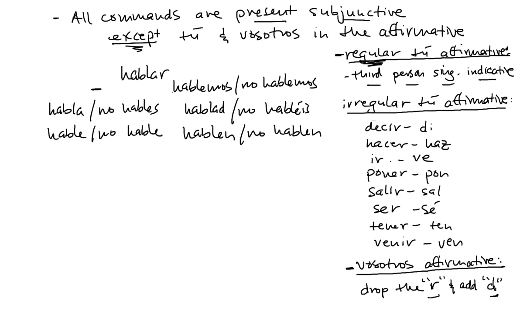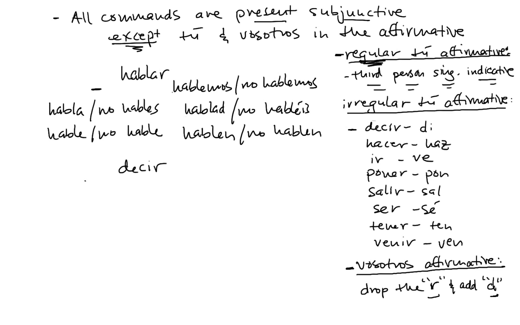We have some of those described over here. Very common ones are, let's say, decir, tell. It says this is an irregular tú affirmative over here. So instead of dice, which would be third person singular indicative, this is irregular.